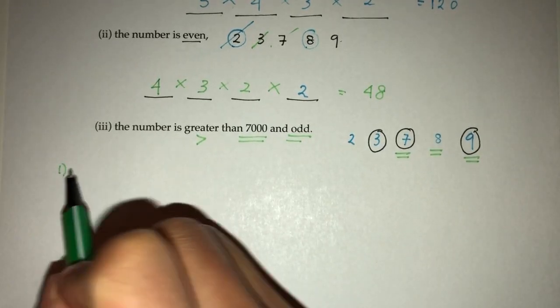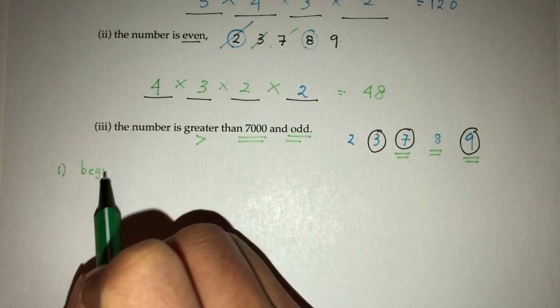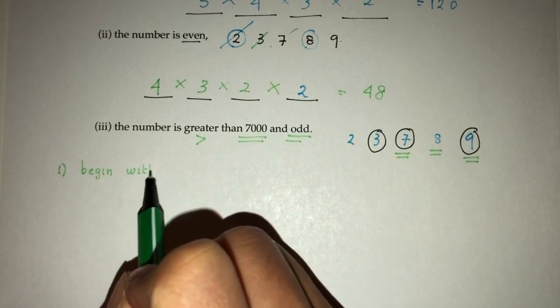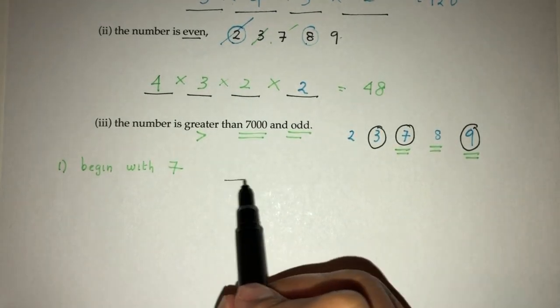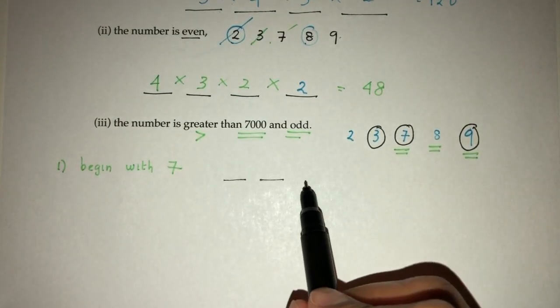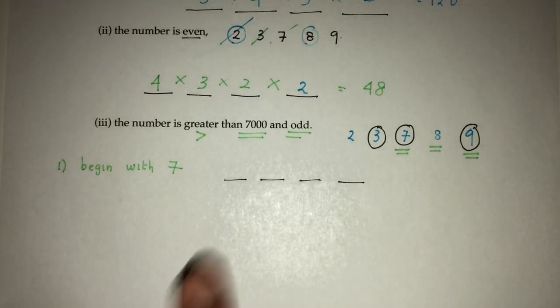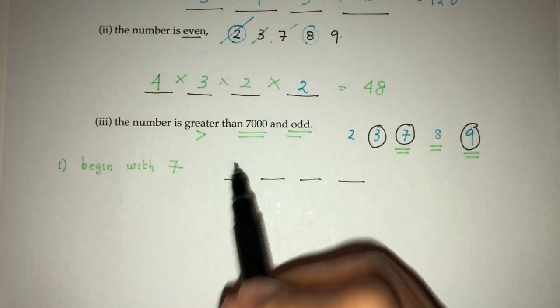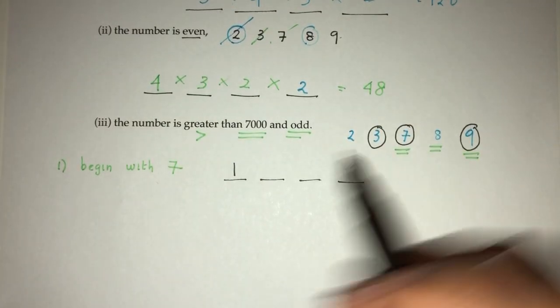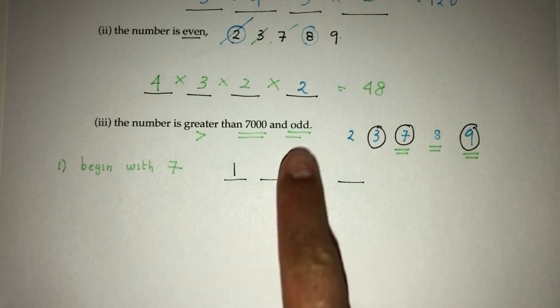So first case, if you begin with 7, you will have 1, 2, 3, 4, four spaces to put the 4 numbers, right? Now beginning with 7, we have only one 7, so we have only one option of beginning. 7 is gone. Now it needs to be odd.